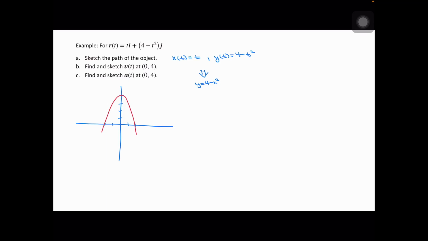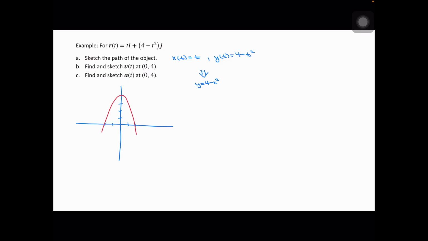So first of all, for part A, to sketch the path of the object, I am going to eliminate the parameter. So x, the x component of this vector function, is t, and the y component is 4 minus t squared.